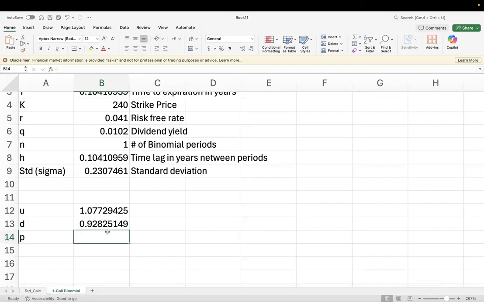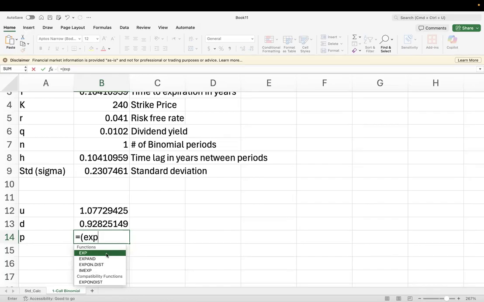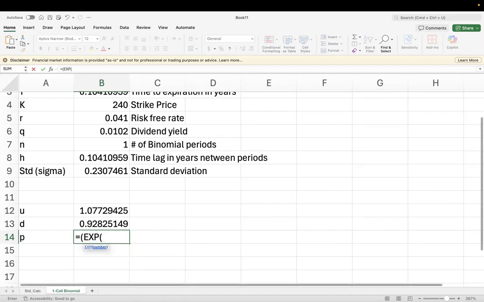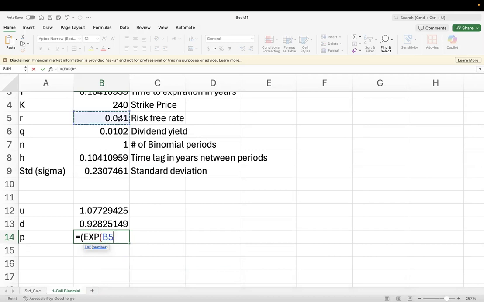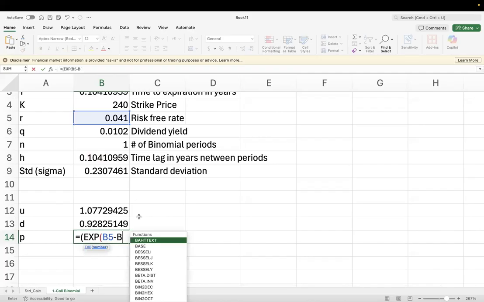P equals, so in the numerator we have EXP of R minus Q times H. Make sure that this is inside the exponential.